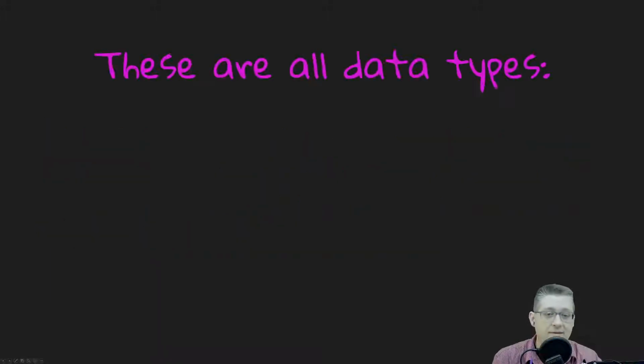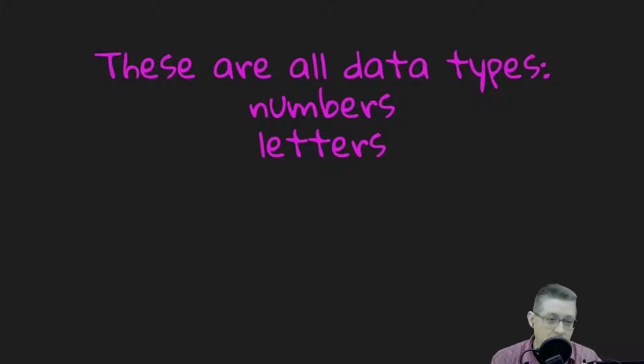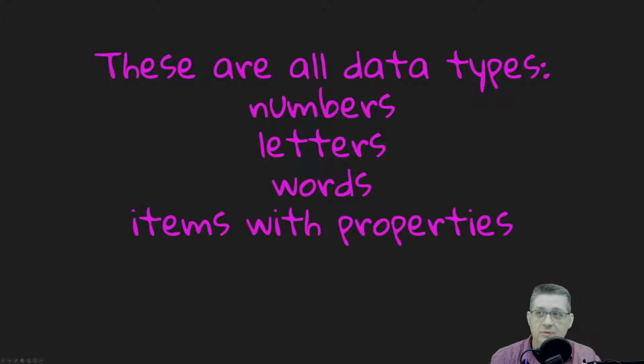It describes what kind. So here are some good examples of data types. Numbers: 1, 2, 3, 14, 42. Letters: A, B, Q, R, and so on and so forth. Words, like cow, now, brown cow. Those are 4 words. It's a different kind of data type. And items with properties. These are typically more complicated things, like a smartphone.